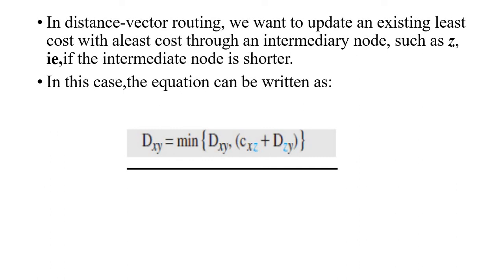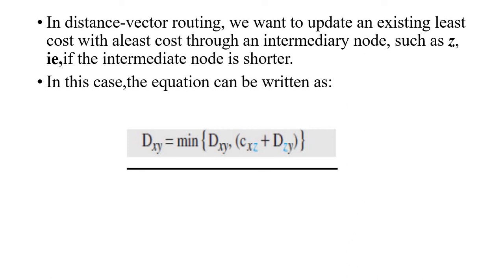Distance vector routing always forms the intermediate node which will be the shortest one between the source and the destination, and this can be represented as d of xy equals minimum of dxy comma cxz plus dzy.